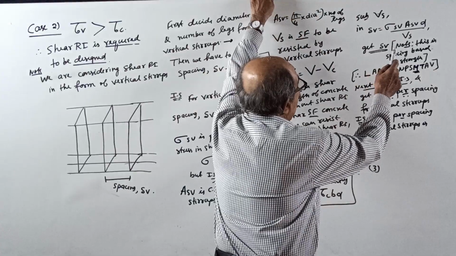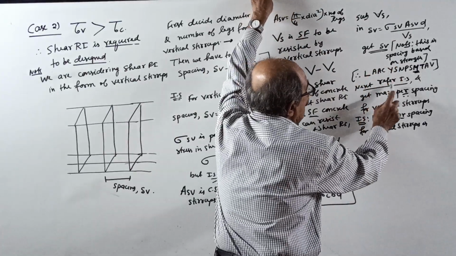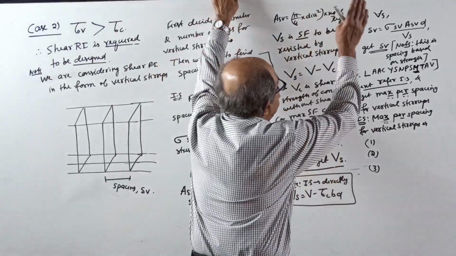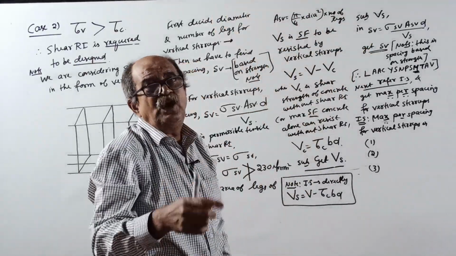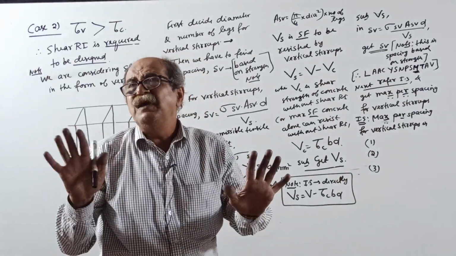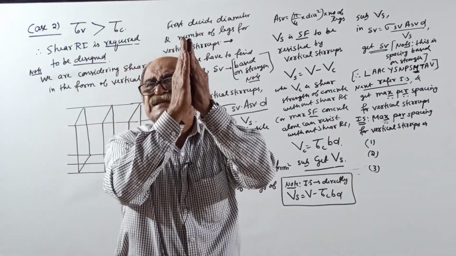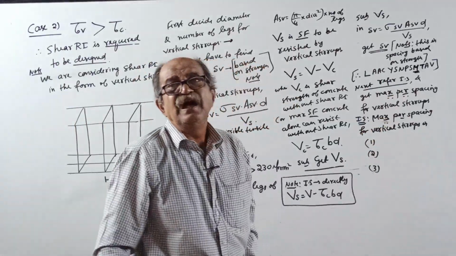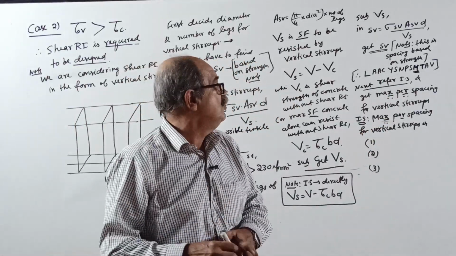Okay, now, once you get that one, refer to the IS code. Because whatever spacing you get here, the IS code has something else to tell. The IS code will give you the maximum limit for the spacing. The concept of all these I will tell when I take the numerical.